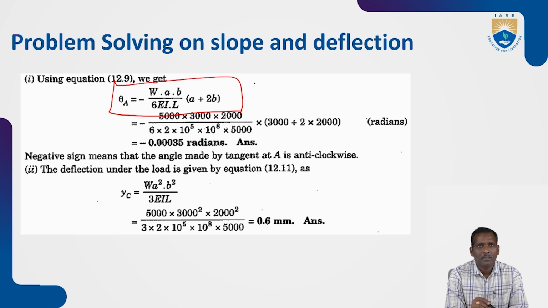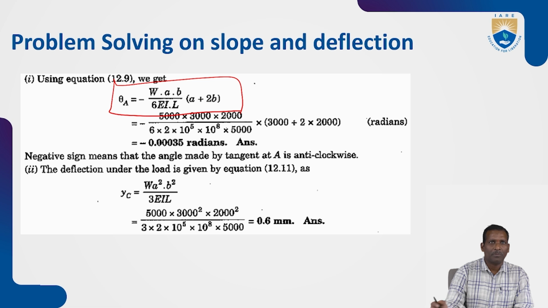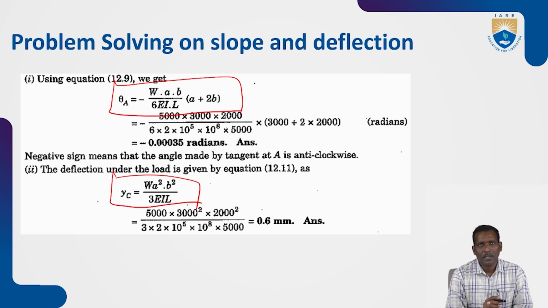So the deflection under the load is given by WA square B square by 3EIL. The slope is minus WAB by 6EIL into (A plus 2B).